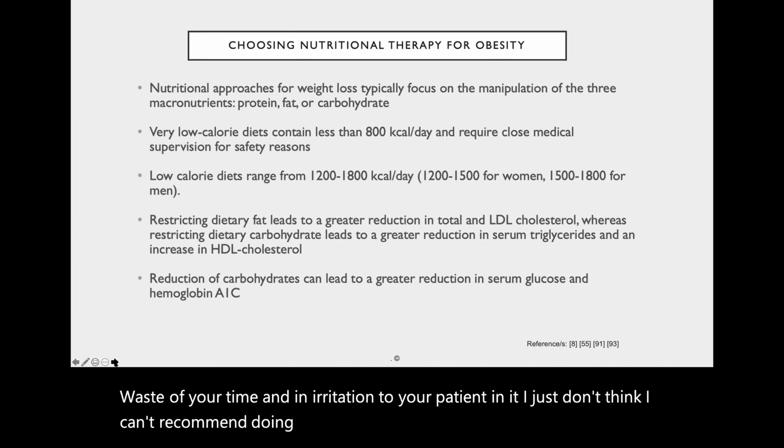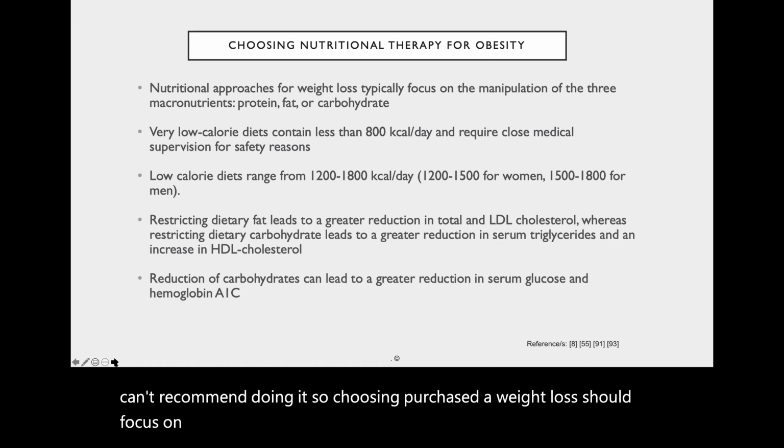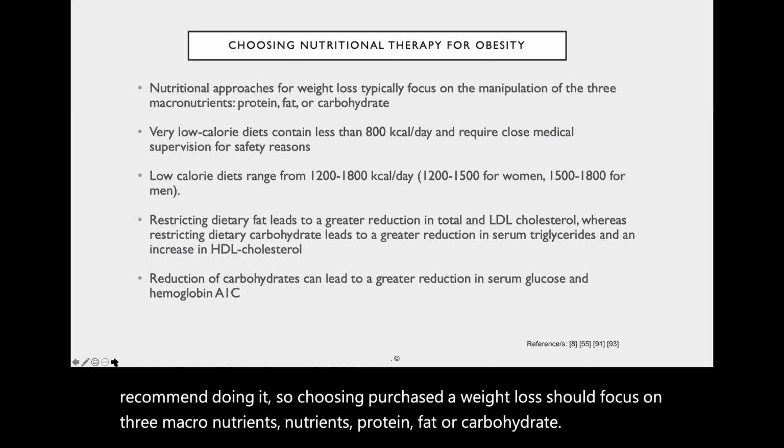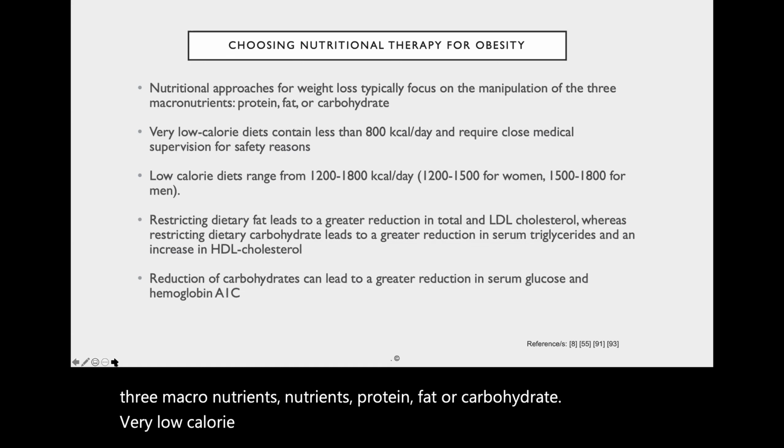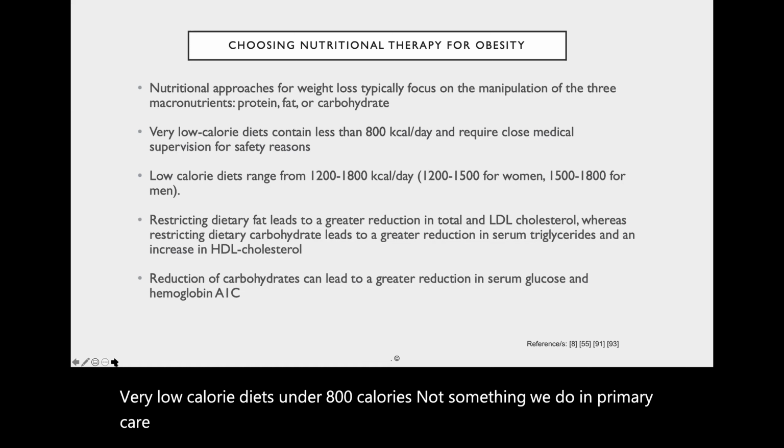So choosing approaches to weight loss should focus on 3 macronutrients: protein, fat, or carbohydrate. Very low calorie diets, under 800 calories, are not something we do in primary care, okay? These people have to be monitored really closely. I mean, like blood work every week.